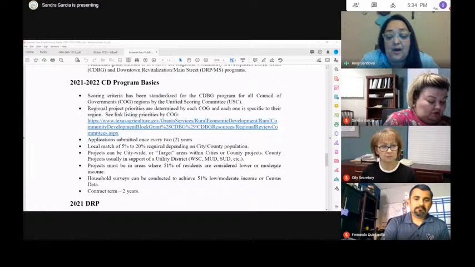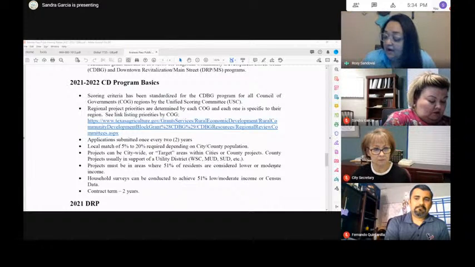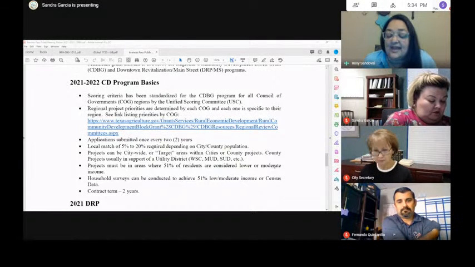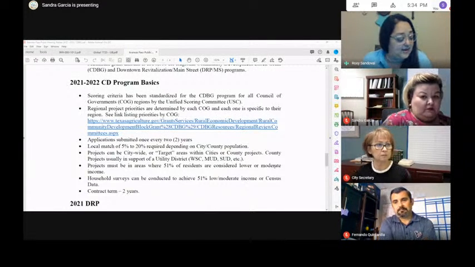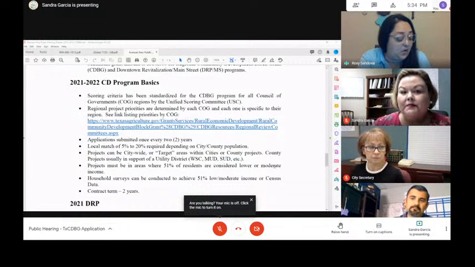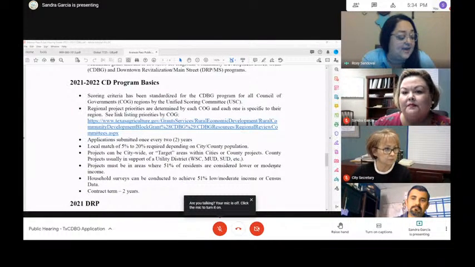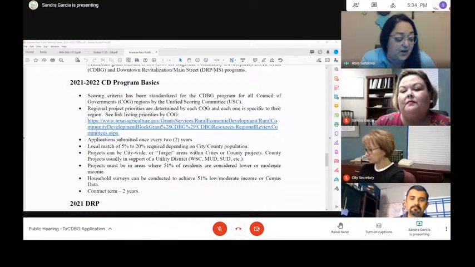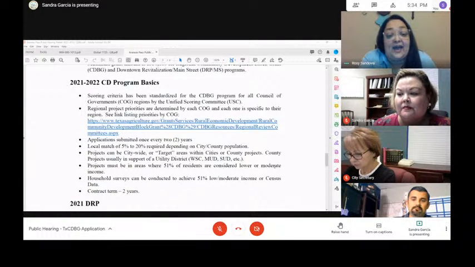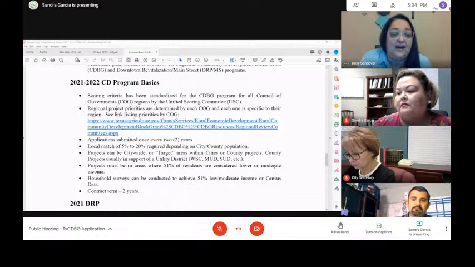Each COG sets their own priorities. In the case of Aransas Pass, we're in the Coastal Bend COG. The Coastal Bend COG decided to forgo setting the priorities and instead went with the default priorities for the CD program, which project types will be water improvements, wastewater improvements, street improvements, flood and drainage improvements, and housing rehabilitation.